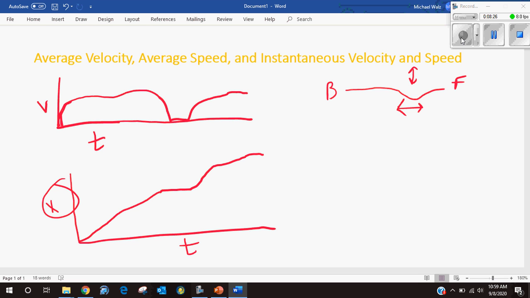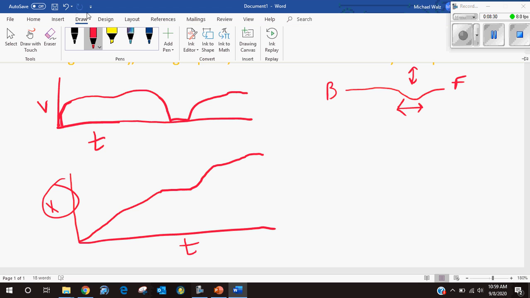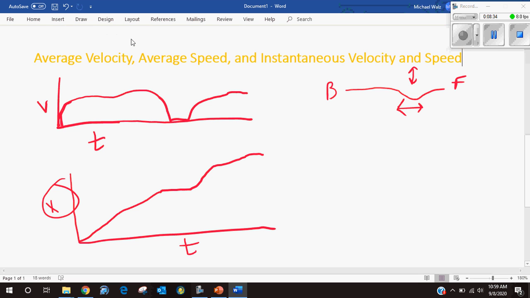Now, the reason I drew this is because I wanted to show you what we did for our average velocity or average distance, same thing. We took that point, and, oh, that wasn't very good, but it should be like a straight line right there.